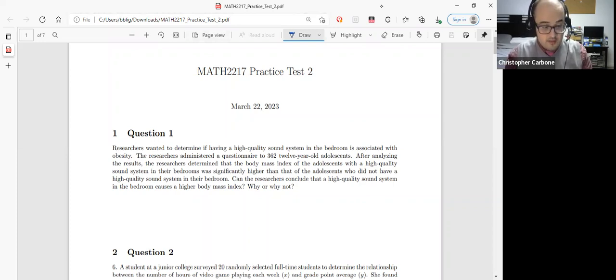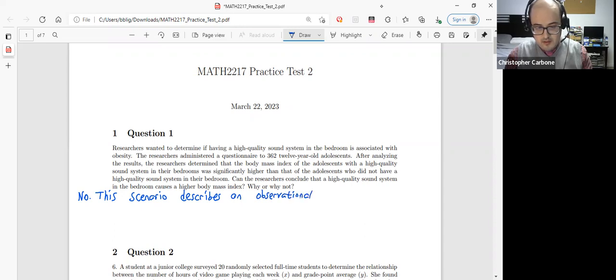So the answer to that's going to be a no. And the reason why is this scenario describes an observational study. Observational study.